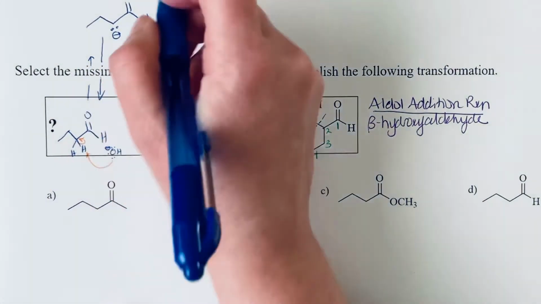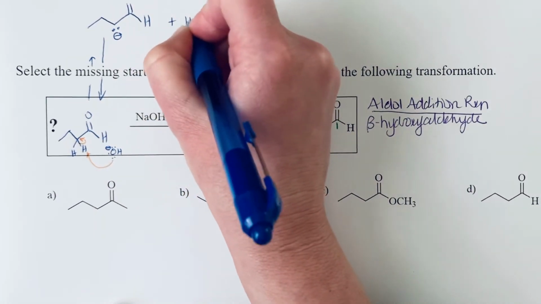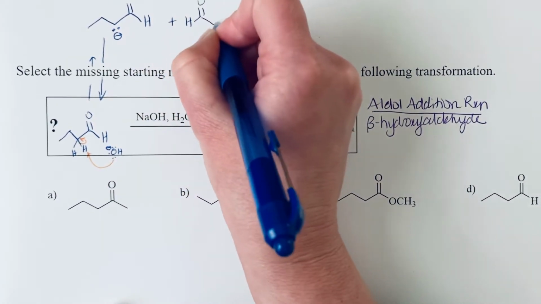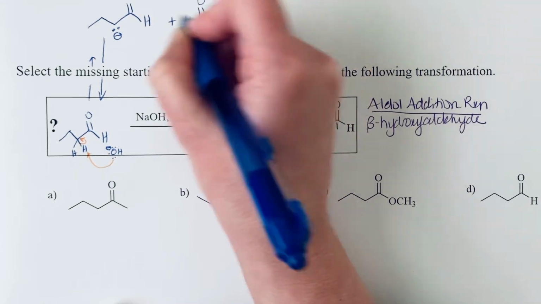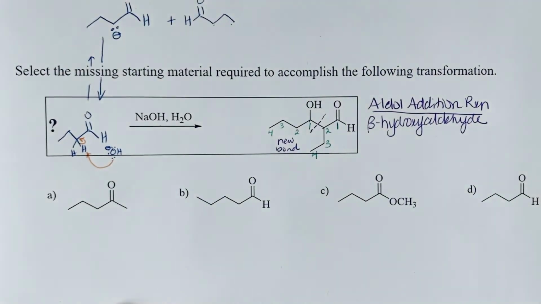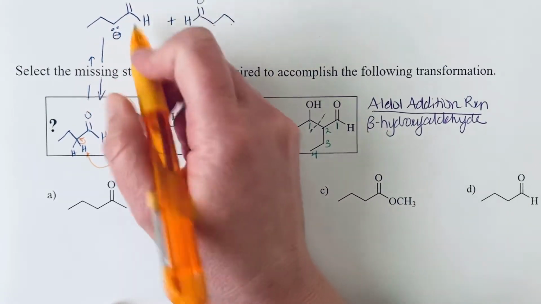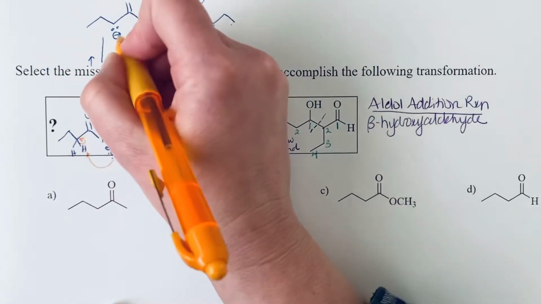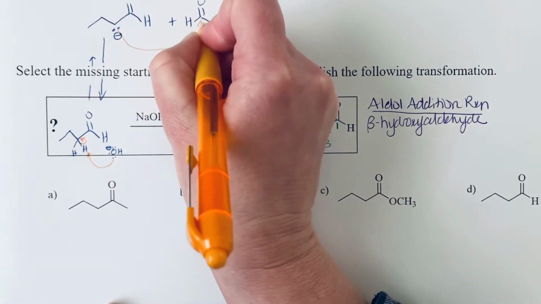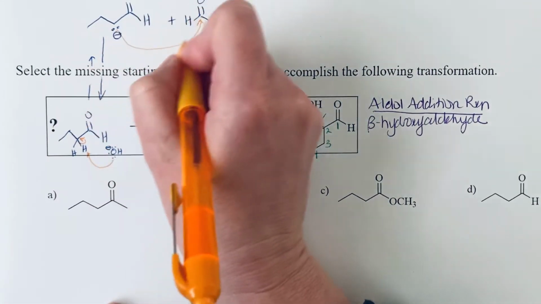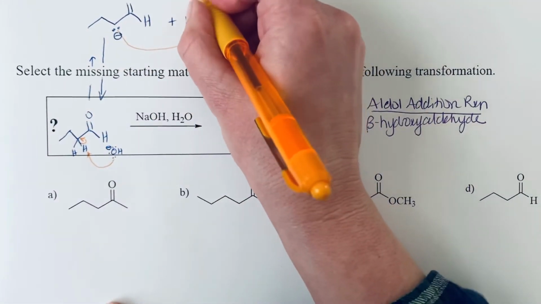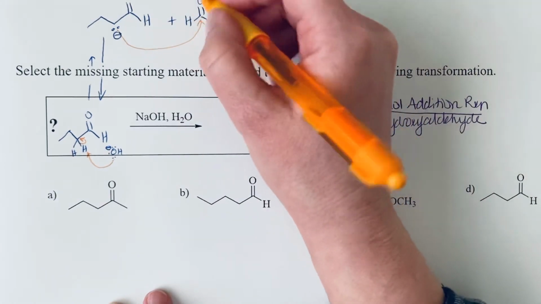This is the nucleophile, and we have more of the aldehyde, 1, 2, 3, 4. Then this enolate nucleophile can react with the electrophilic carbon of the aldehyde carbonyl. We form a new bond there, and push electrons up onto that oxygen.